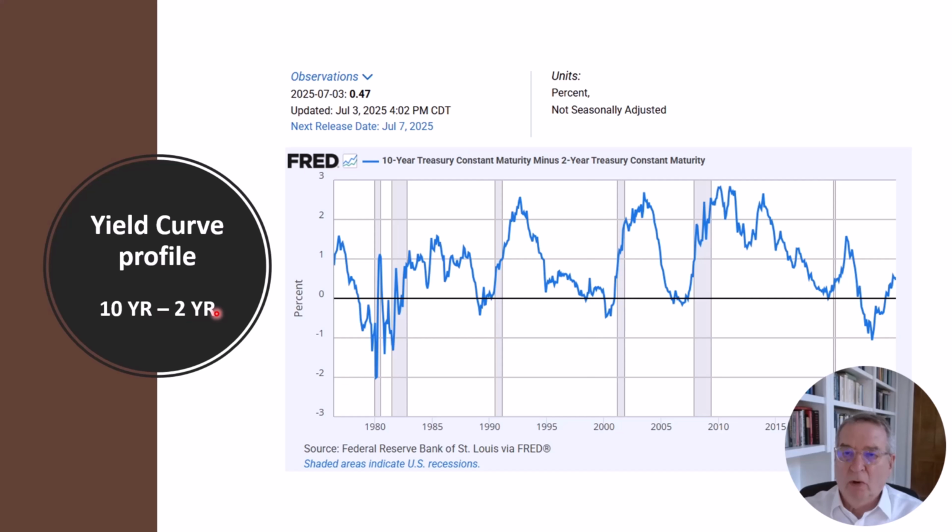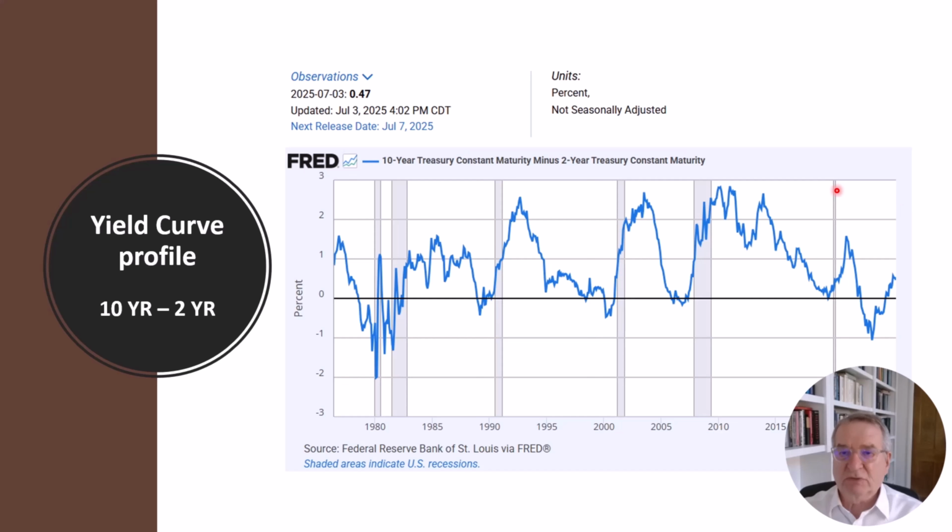Now, in a normal, inverted commas, upward sloping yield curve environment, we would expect that spread to be positive, and maybe quite substantially positive, perhaps 200, 250 basis points. However, from time to time, this spread actually becomes negative.